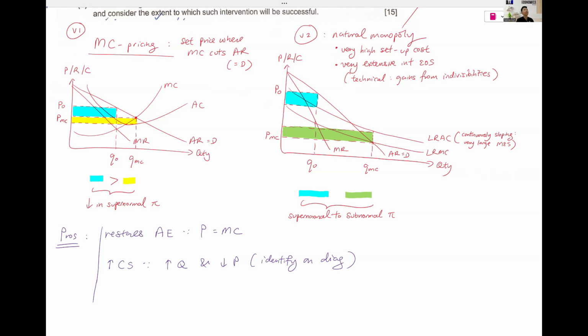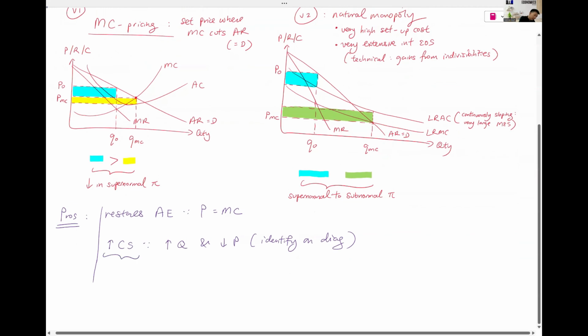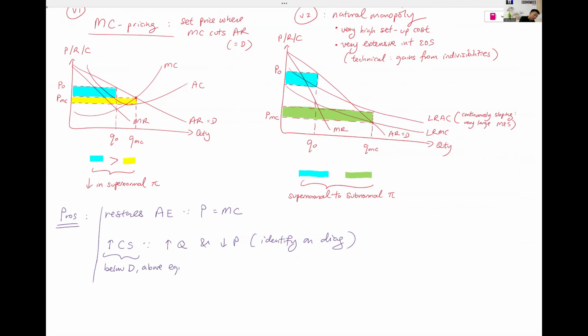Consumer surplus is always the area below demand, above equilibrium price. So consumer surplus was A, B, P naught. Then it became A, C, P, and C. A, B, P naught, A, C, P, and C.